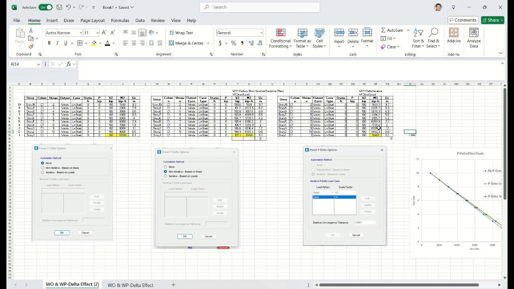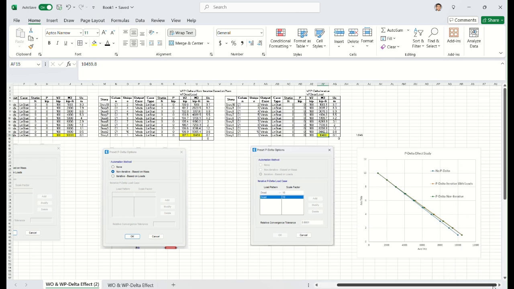But with the iterative method, the shear force still remains the same, 100, and the bending moment has increased to 10,460. Because this example is maybe not tall enough or slender enough, you don't see much P delta effect increase. But when the building is much taller and heavily loaded, the P delta effect gets higher.